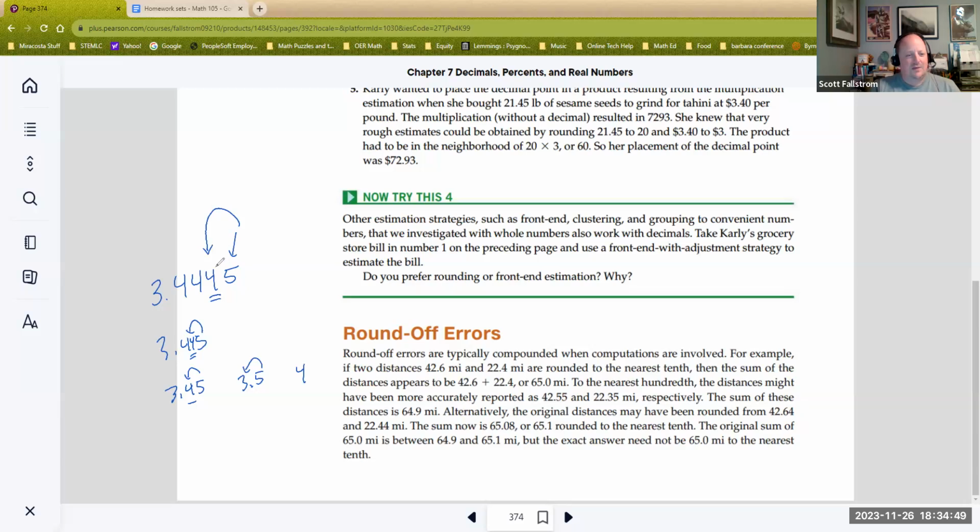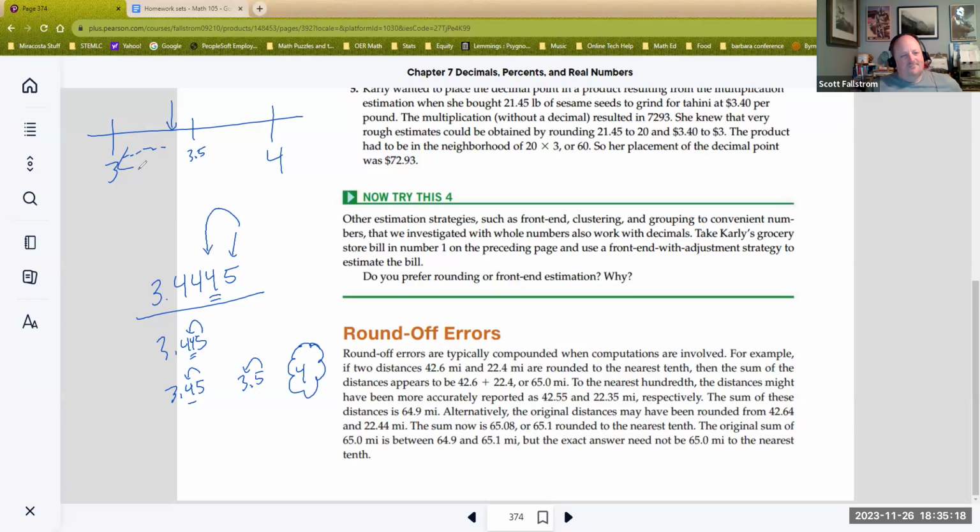So if you keep rounding to different values, the end result may not be that close to what you would have seen at first. It might actually create more error. Indeed, on a number line between 3 and 4, 3.4445, here's 3.5, is somewhere over here. I would have rounded that direction.